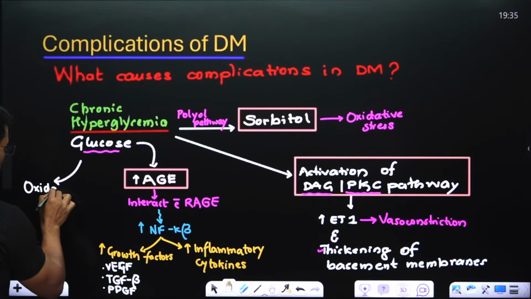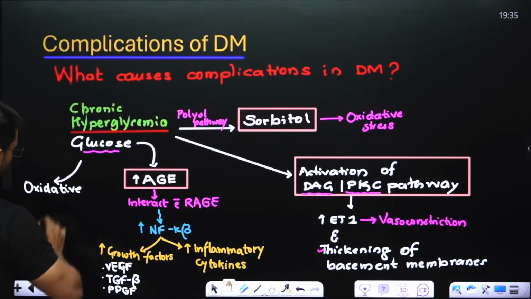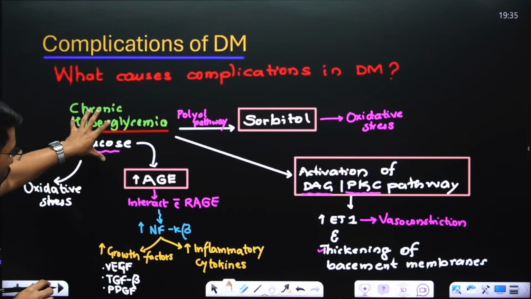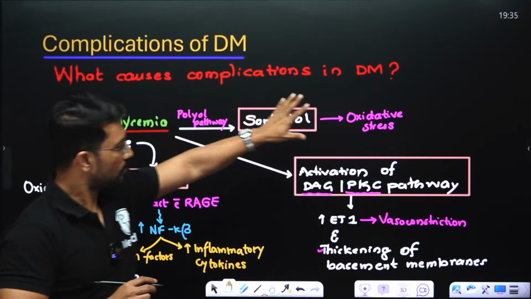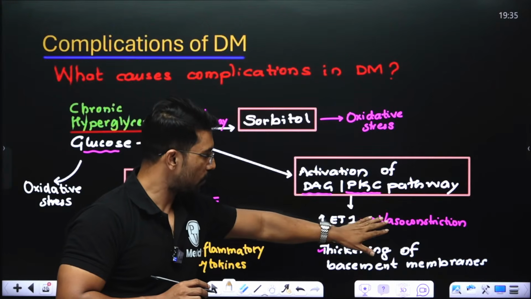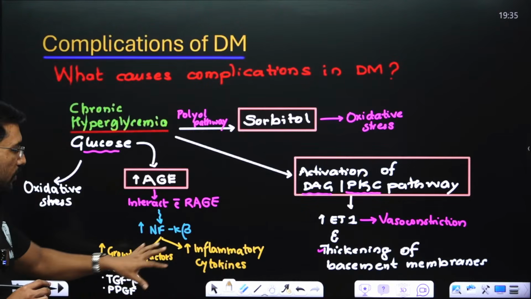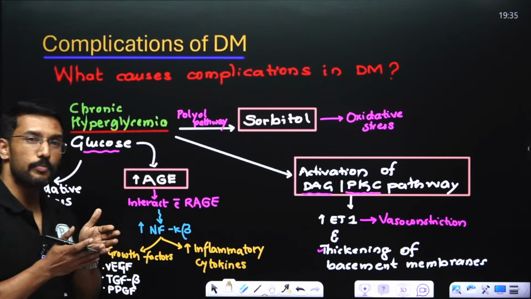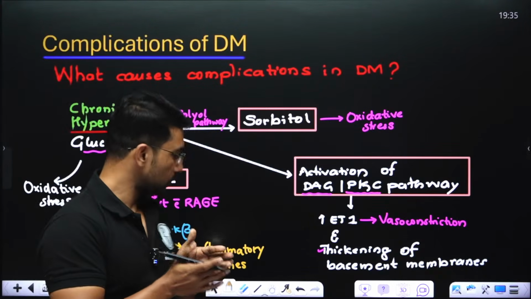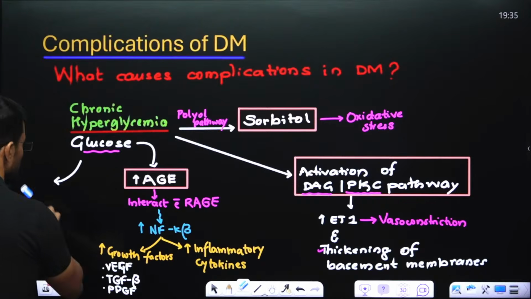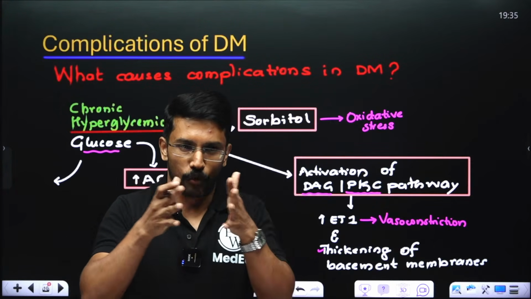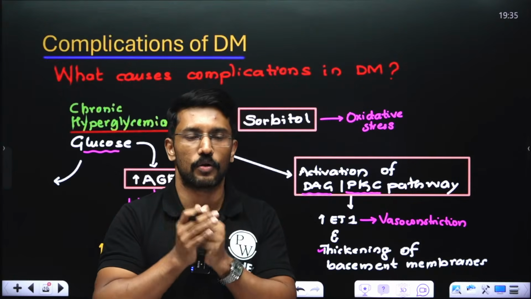Okay. Apart from that, glucose itself is an oxidative substance. So glucose can also directly lead to oxidative stress. So excess or long-standing hyperglycemia results in oxidative stress, blood vessel vasoconstriction, thickening of the basement membranes, inflammation of the tissues, and proliferation of the tissue cells, particularly the endothelial cells. As the endothelial cells proliferate, especially in smaller blood vessels, there is narrowing of the lumen.